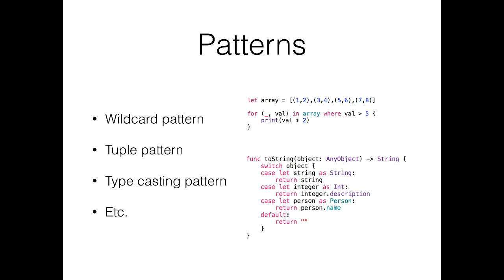And what this means is that if the object, any object, is of type string, I want to instantiate a variable with this. And now inside this scope, a string is really a string. So I can do all sorts of things with strings, and in this case, I just want to return a string. The same goes for integer, and the same goes for your own types that you create in your program.